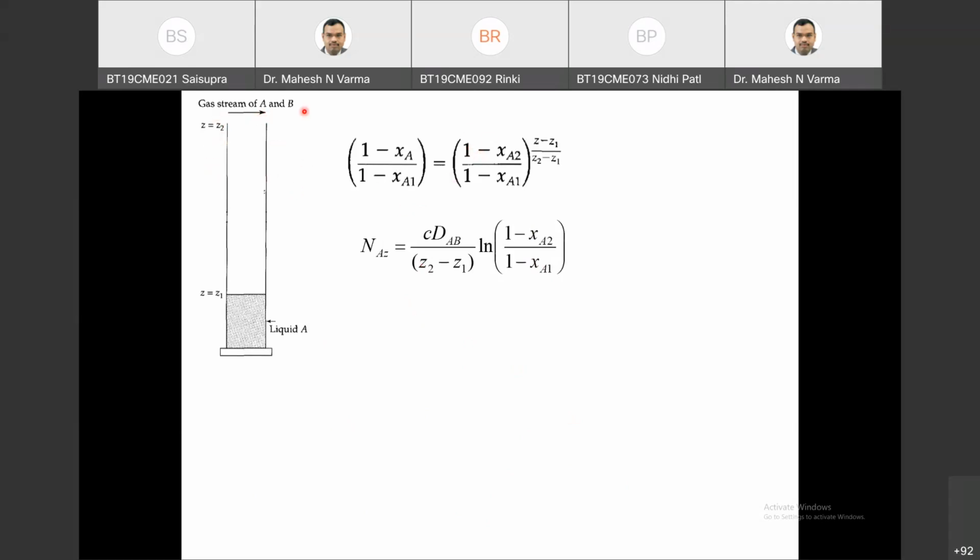So this is the gas stream flowing. At Z equals Z2, concentration is XA2; at Z equals Z1, concentration is XA1.